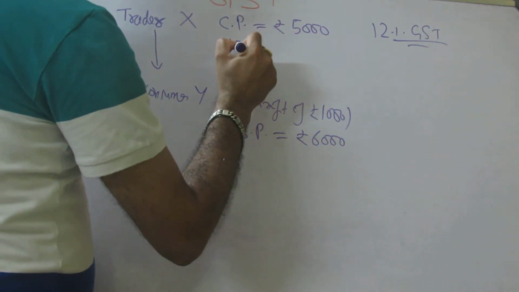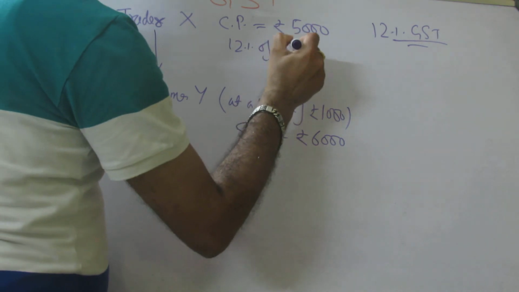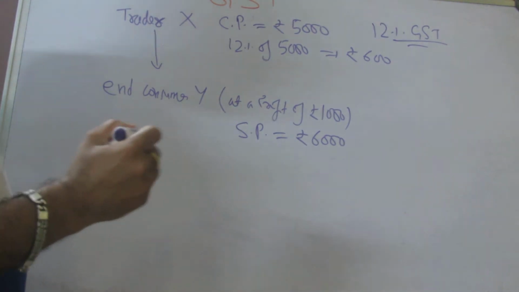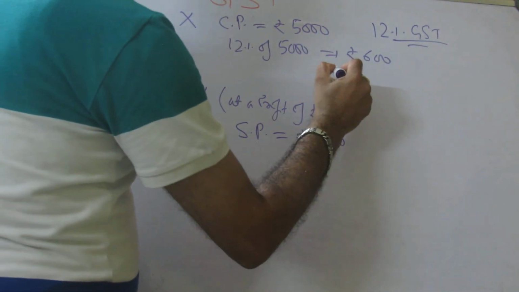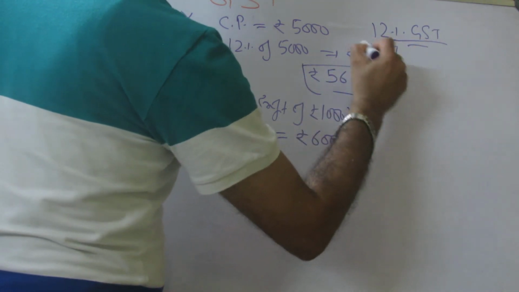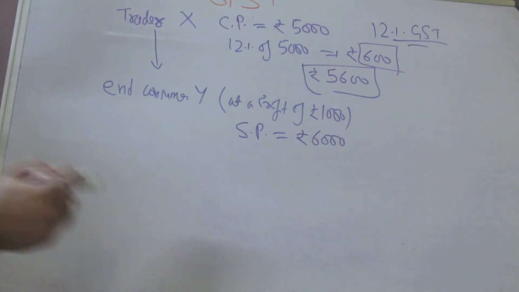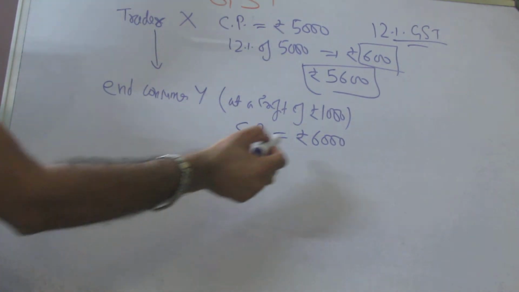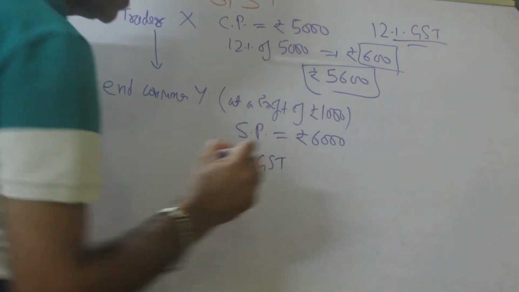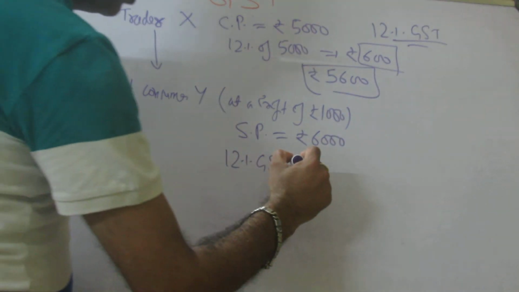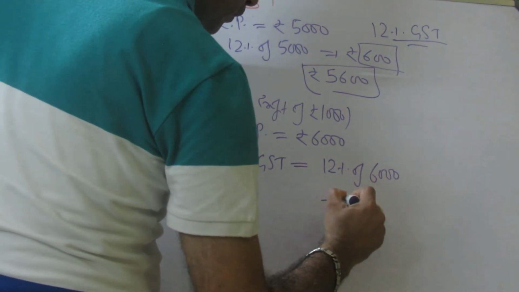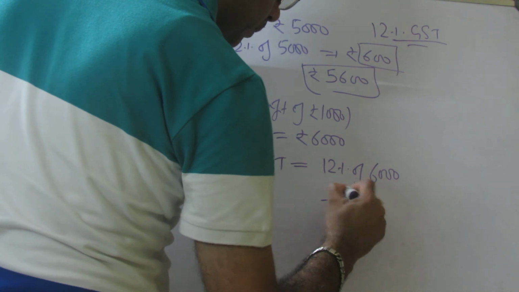He will pay 12% of 5,000, which is 600 rupees. So X has paid 5,600 rupees, out of which 600 is the GST. Now he is selling to the end consumer at 6,000 rupees. Again 12% GST is to be paid by the consumer. That would be 12% of 6,000, which is 720 rupees.